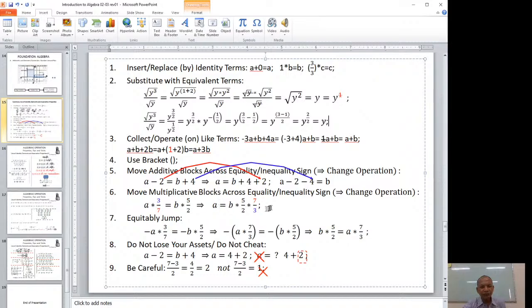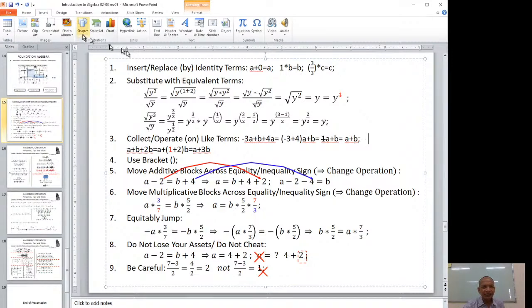These are the tricks for doing the operation.